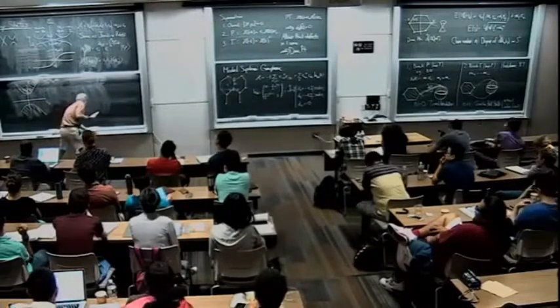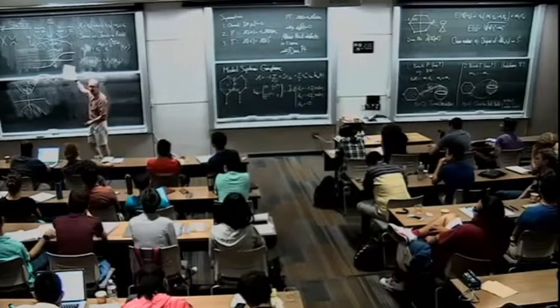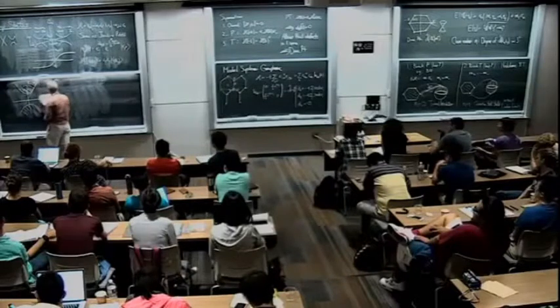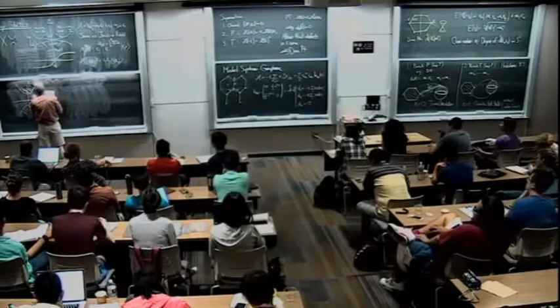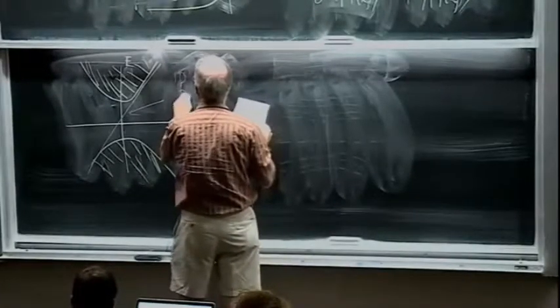But in addition, localized on the boundary of this, we have this 1D chiral Dirac fermion.